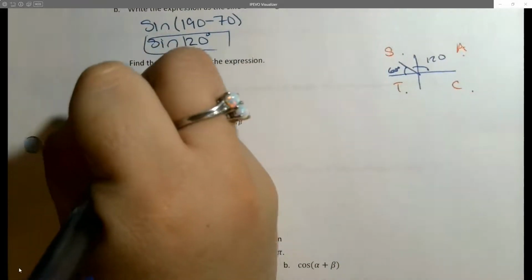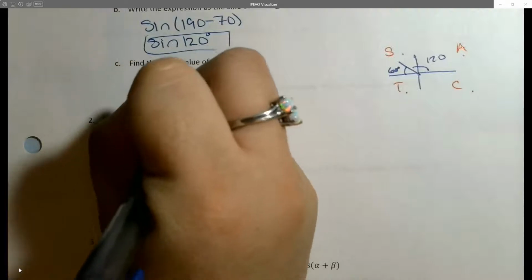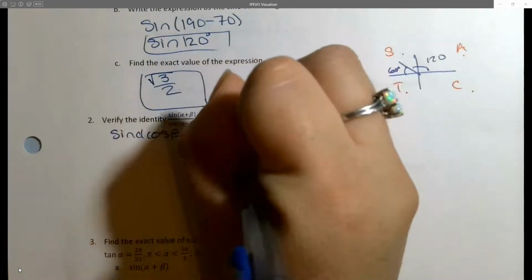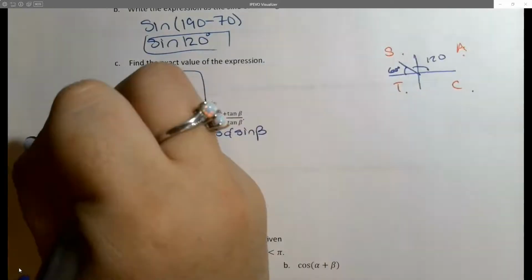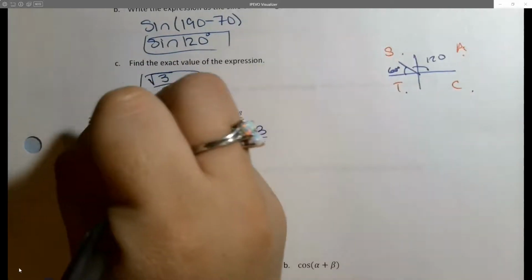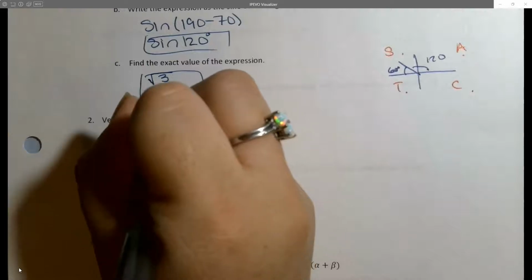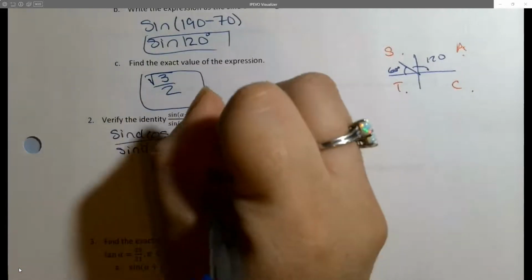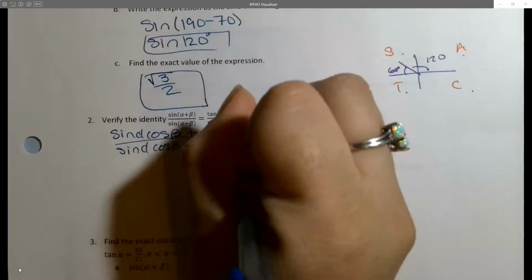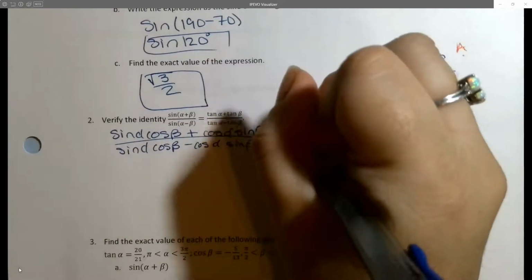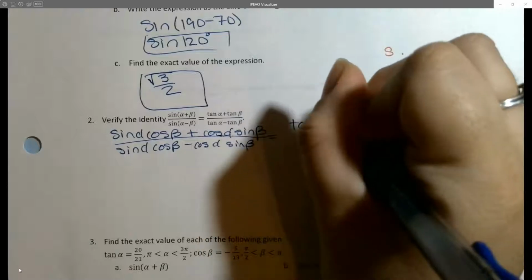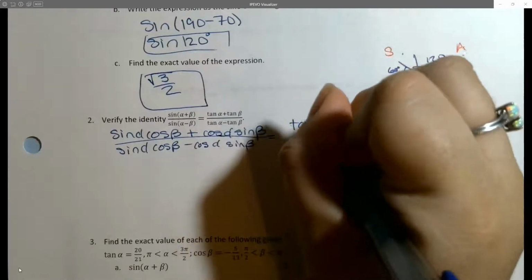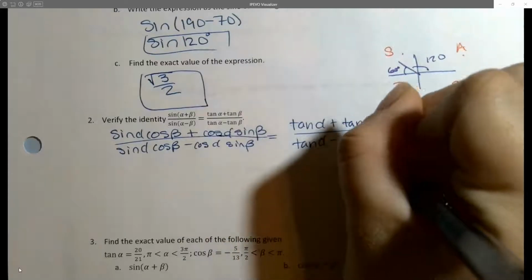I'm going to have sine of alpha cosine beta plus cosine alpha sine of beta. And then on the bottom, sine of alpha cosine beta minus cosine alpha sine of beta. This still equals my original trig function, tan of alpha plus tan of beta over tan of alpha minus tangent of beta.